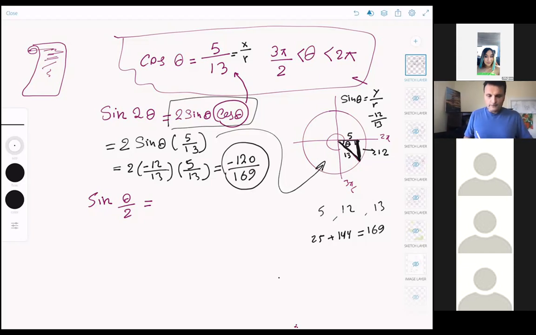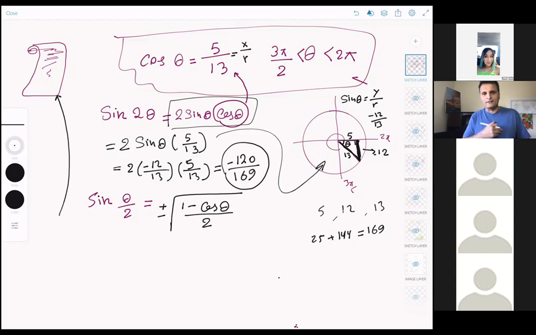Now let's see what is sine of theta over 2. So you go back to your note sheet. Don't just divide whatever we have by half. No. For sine of theta over 2, there is a formula, the half angle formula. This is plus minus radical of (1 minus cosine of theta) over 2.